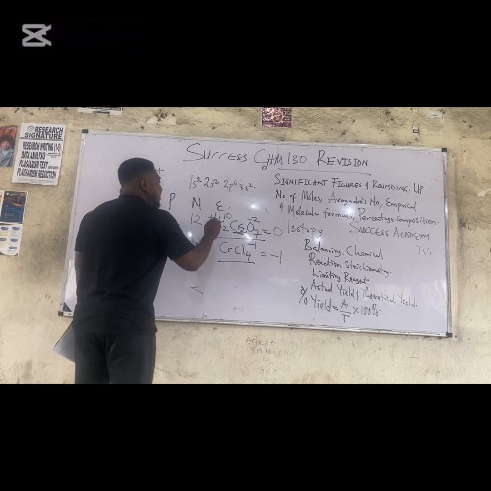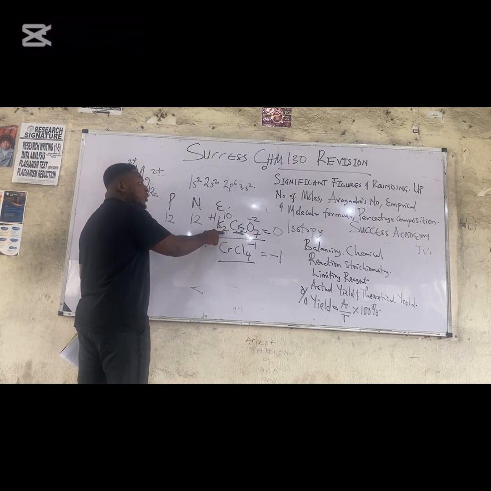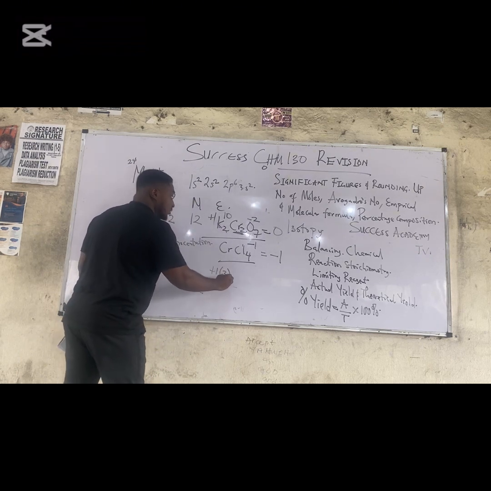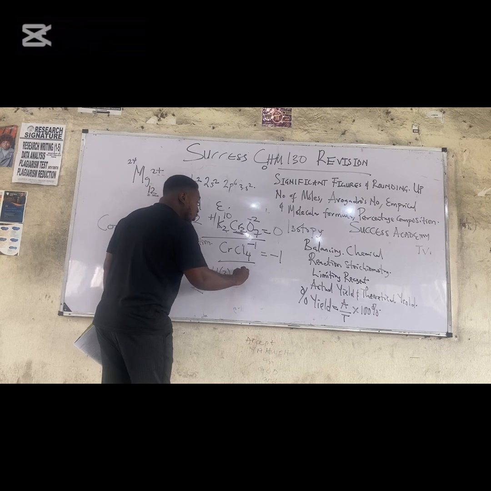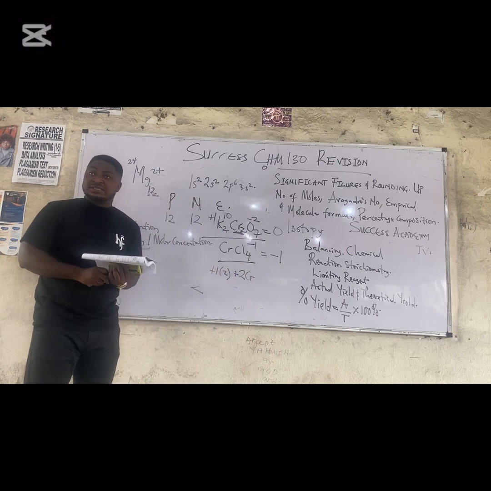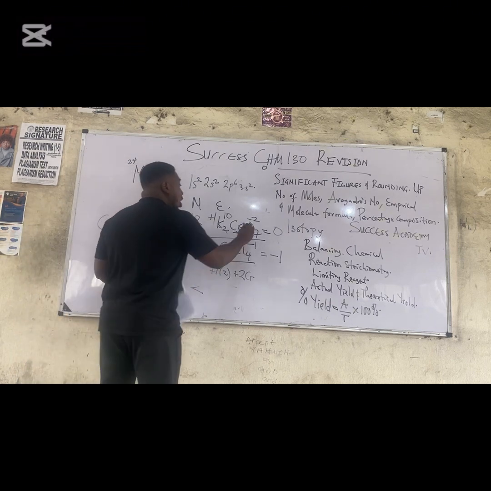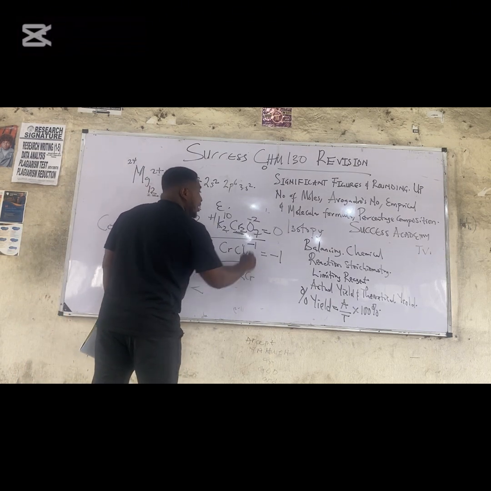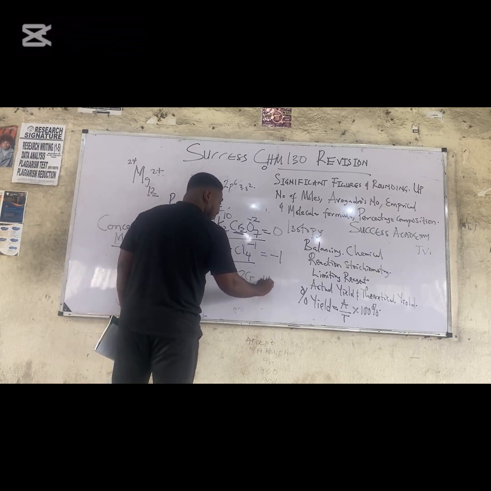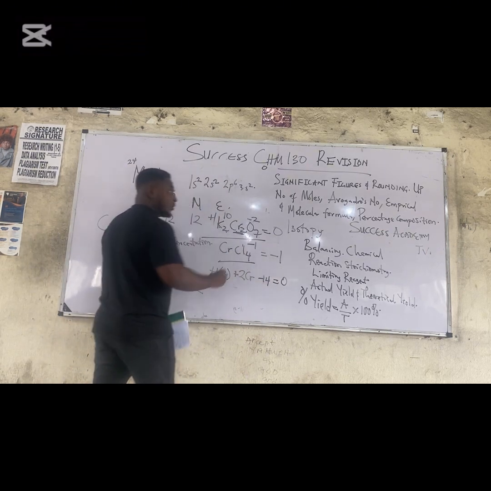Follow me. K is plus 1, but we have 2 K, so that is plus 1 times 2. Now Cr2, we don't know Cr, so call it 2Cr. O7 is minus 2 times 7, because each oxygen is minus 2, so minus 14. Equals what? 0.